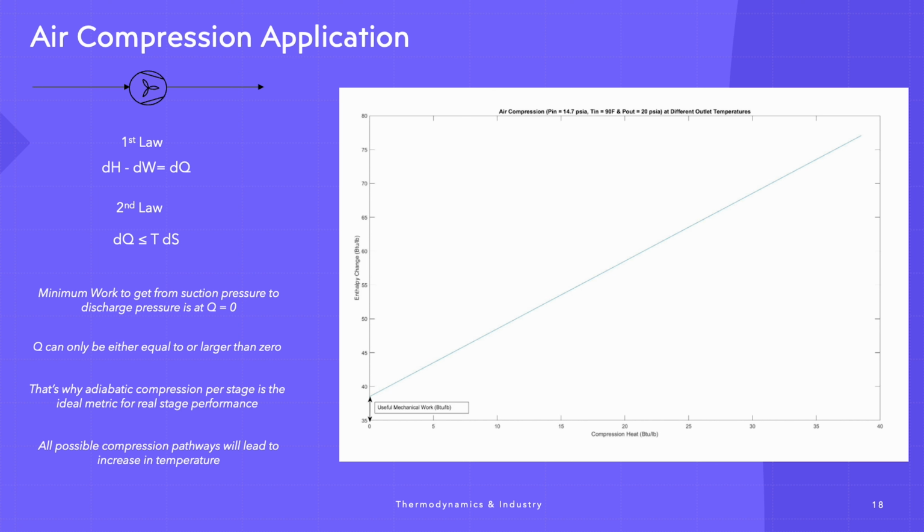When you actually go in that direction, you are going to find out that the compression work is reduced, which is true, but the overall entropy of the system is going to increase because you transfer that heat into a whole different fluid. In that case, it's air cooling or water cooling.